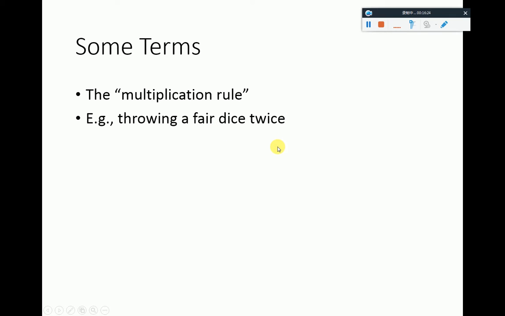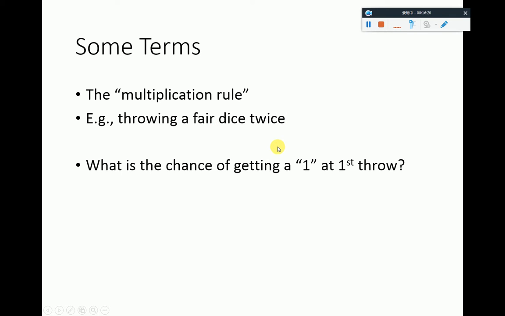Okay? Alright, so let me ask you then, what is the chance of observing 1 when you throw this fair dice at the first throw? If you throw it once, what's the probability of getting a 1?